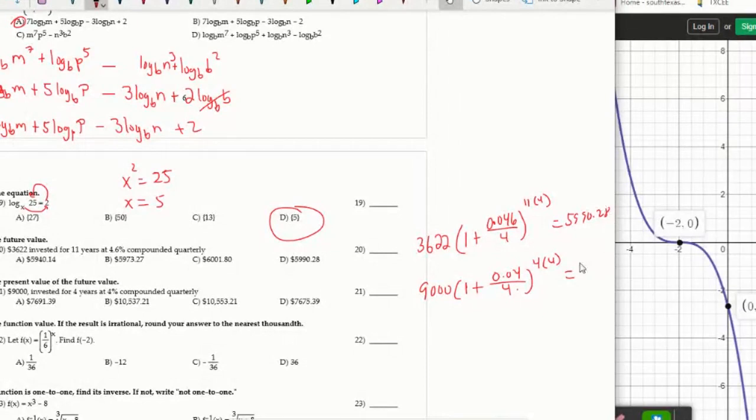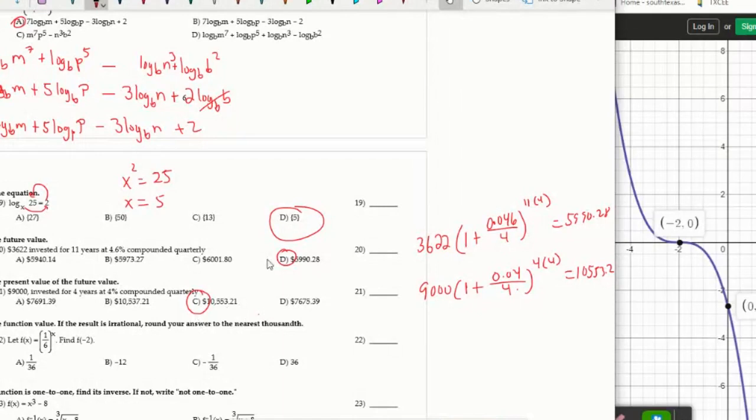And I get 10,5,5,3,2. So then this one would be letter D, and this one would probably be C.